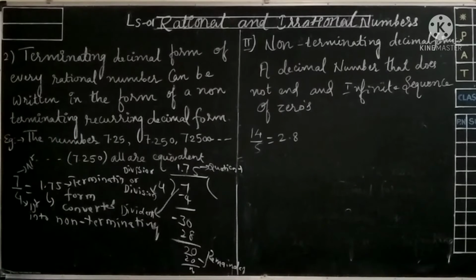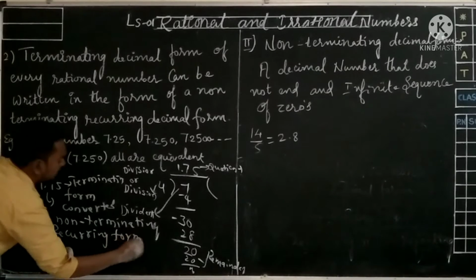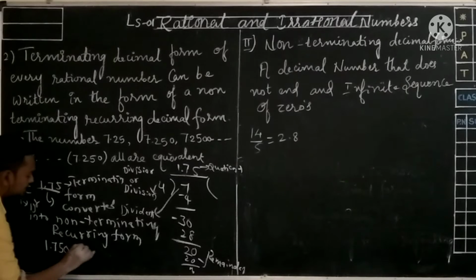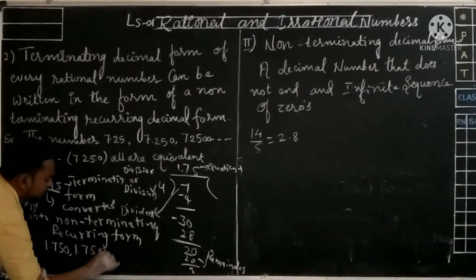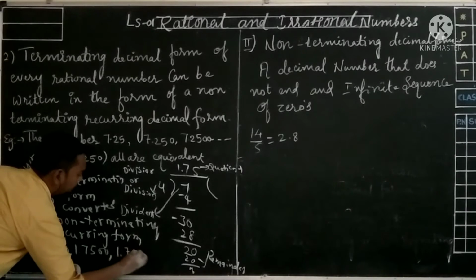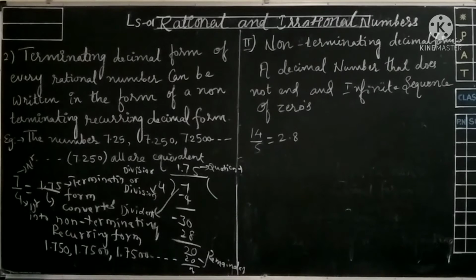Here the given 1.75 is converted into 1.750, 1.7500, 1.75000 and so on up to infinity.